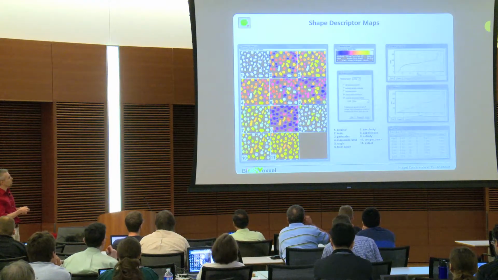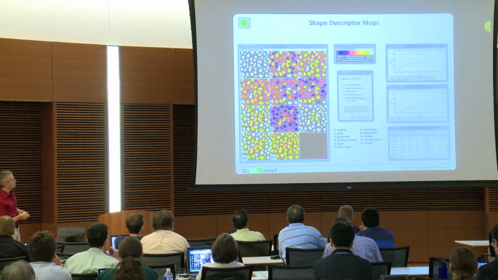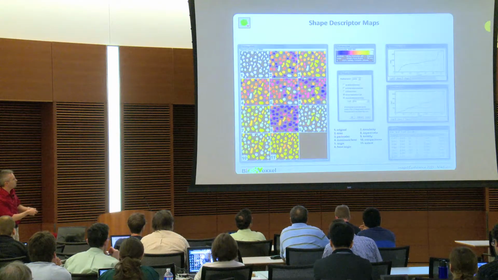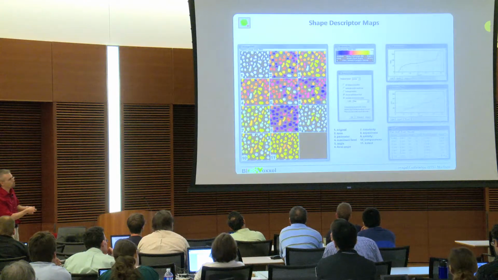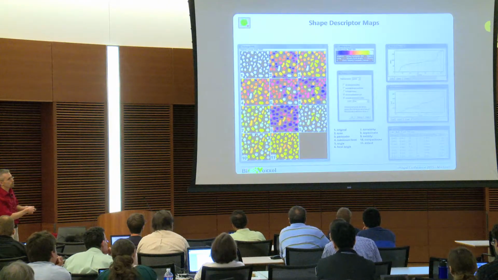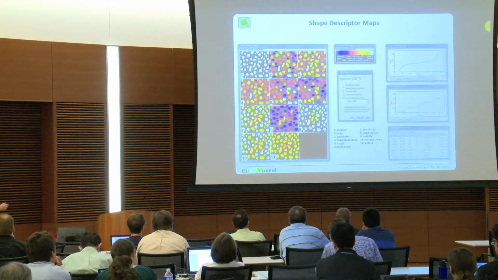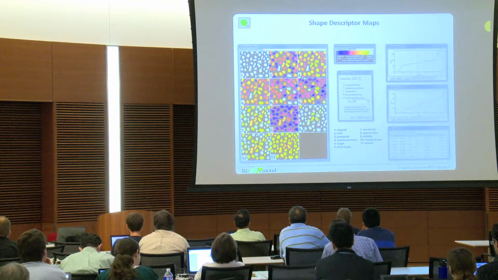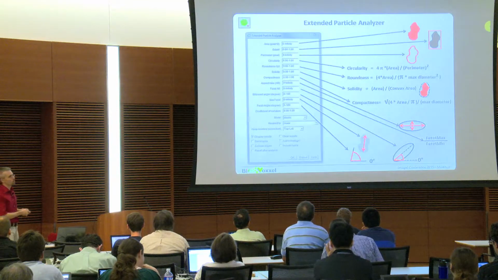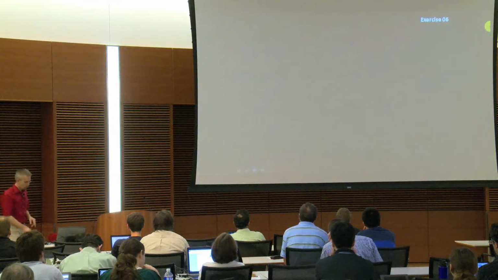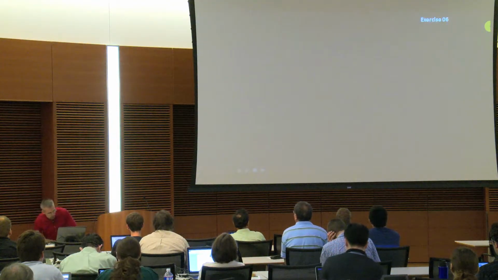So for example here, 9 is the solidity, and you see all the roundish ones have a higher solidity than those ones which have a cavity. So I can use the solidity to basically separate them from each other. And if I can find a good value here, then I can key that in here and get the analyses. So this is one thing we still test here.